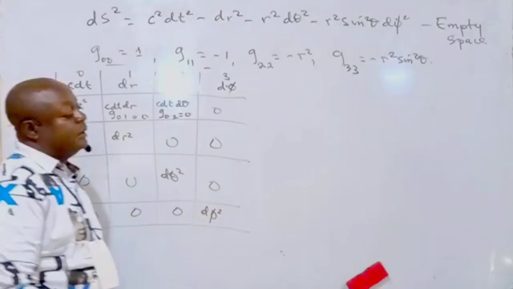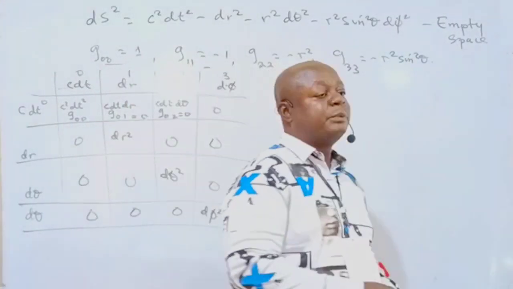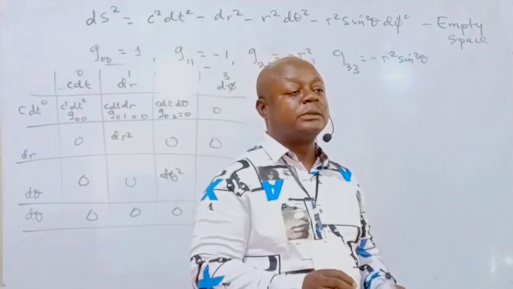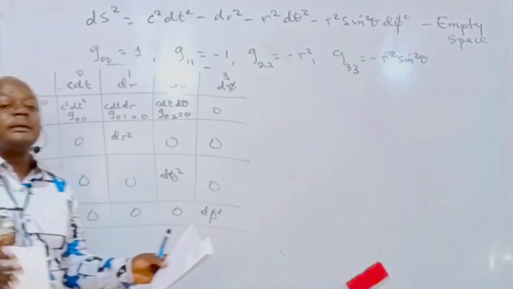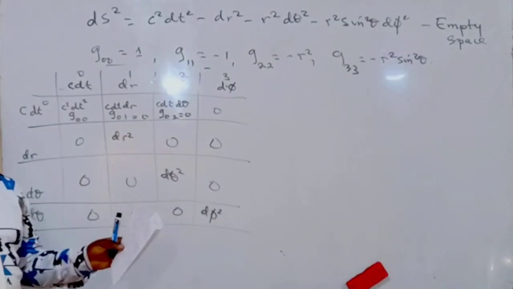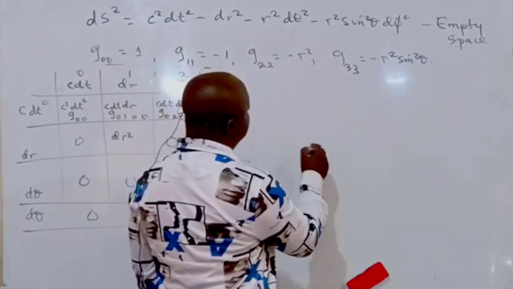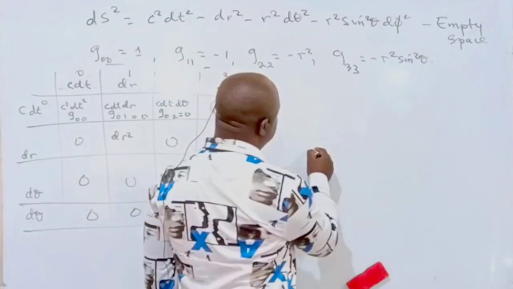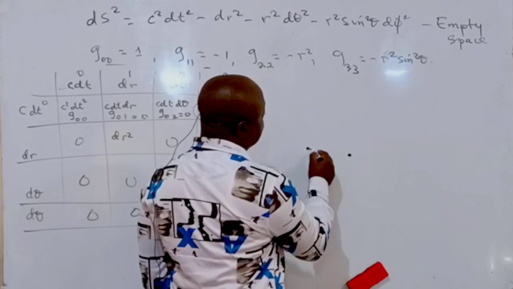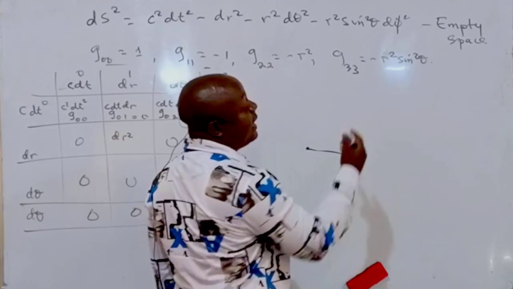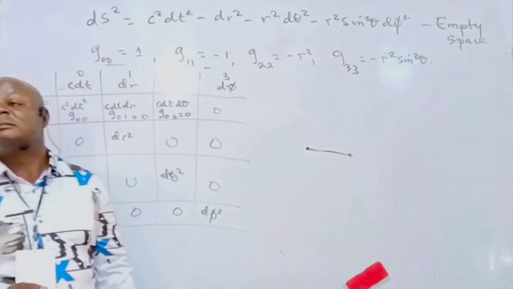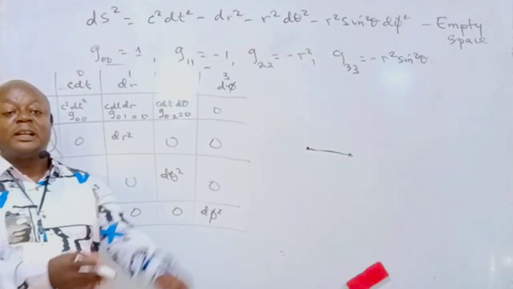Okay, so let's assume that we have a point. Let's consider two radial points, where phi and theta are not changing. That's along a radial line.